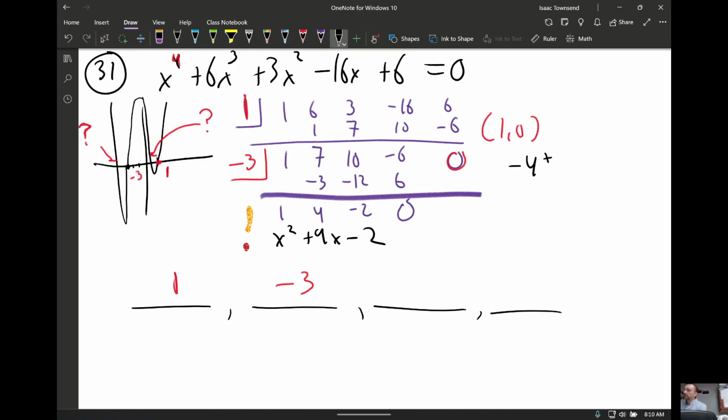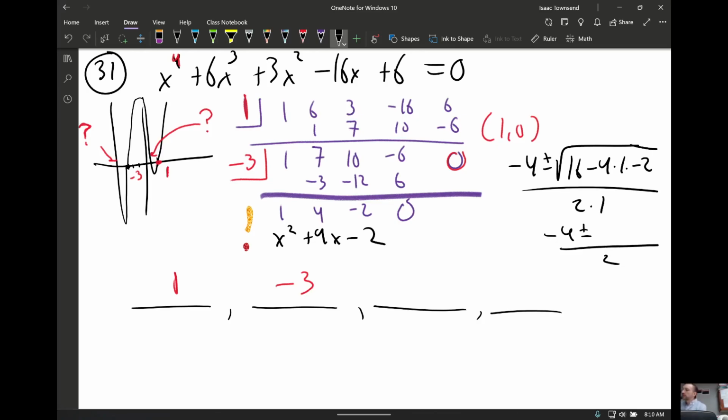So opposite b plus or minus square root of b squared minus 4ac all over 2a. 16 plus 8 would be 24. 24 would be like 2 square root of 6. And then divide them all by 2.